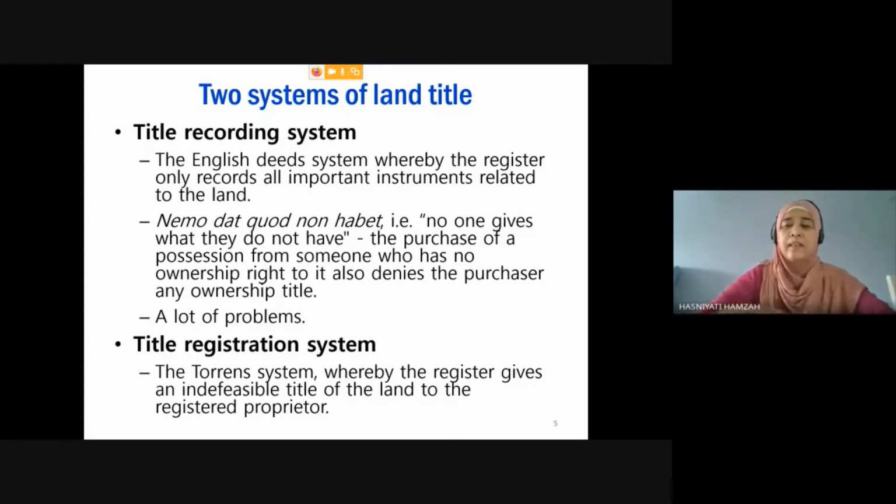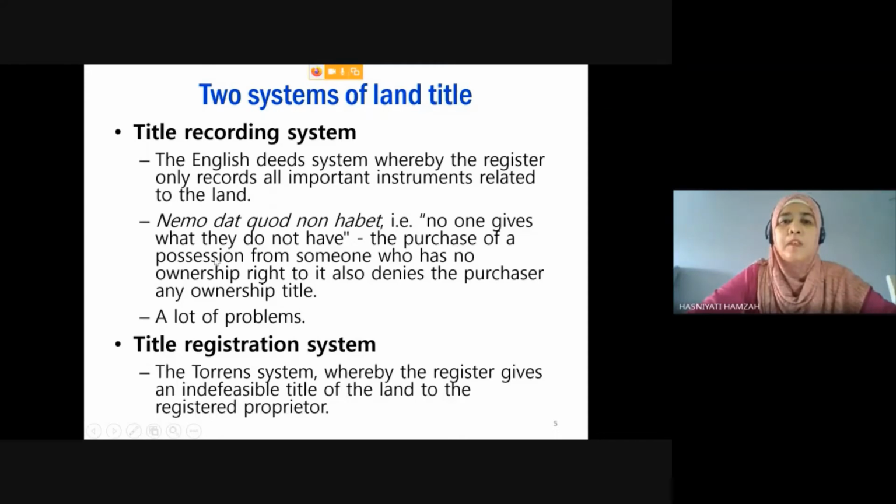You see there, the kind of tedious work, the amount of time needed to be spent in checking all the ownership, the chain of ownership from one owner to another owner to another owner, all this until time immemorial from the first alienation of the land. So this actually is the practice in some countries until now.